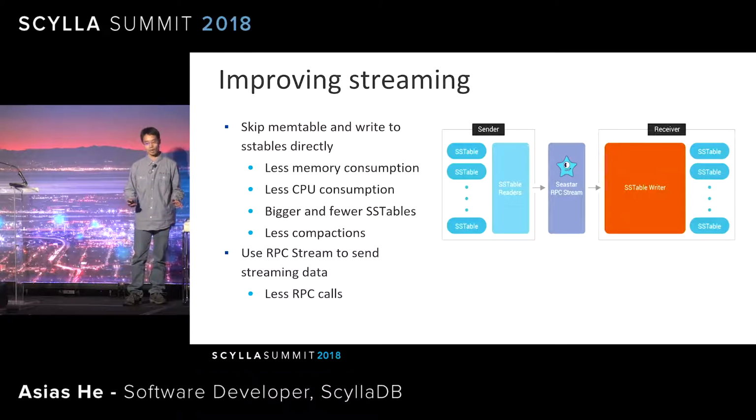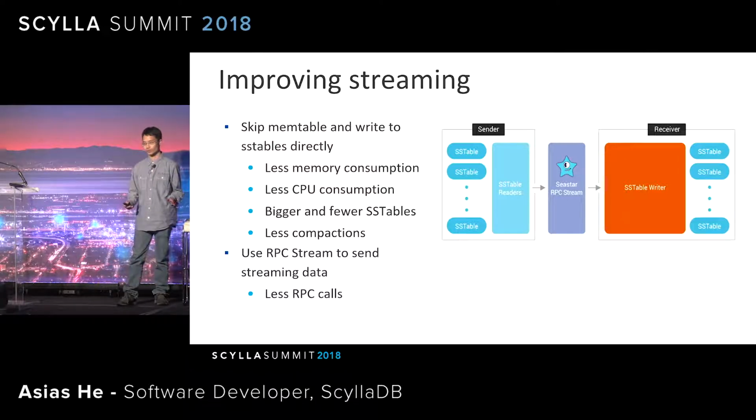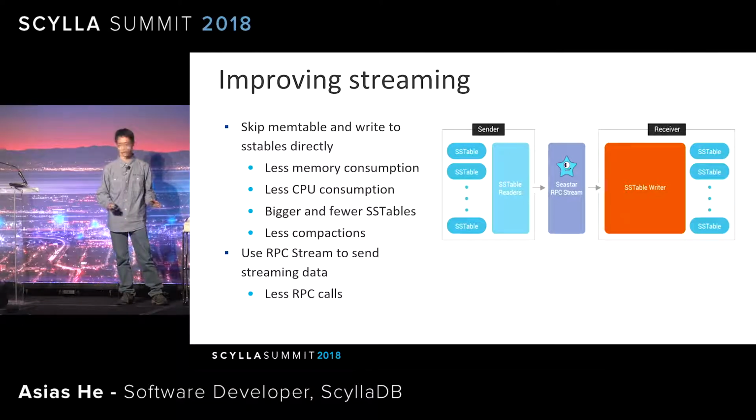With this, we will also have less compaction, so this reduces the CPU consumption. Another thing is that we now use a newly introduced Seastar RPC stream to send the data. This means we'll have fewer RPC calls.